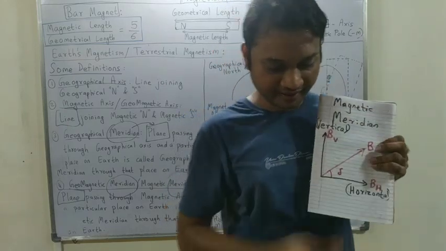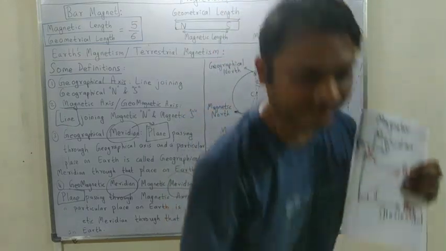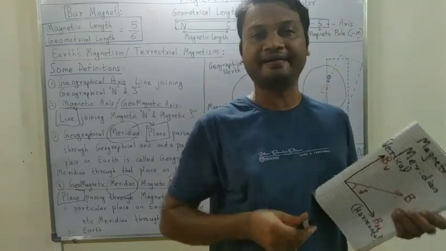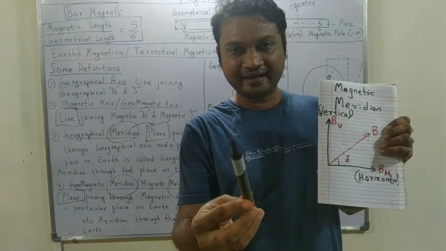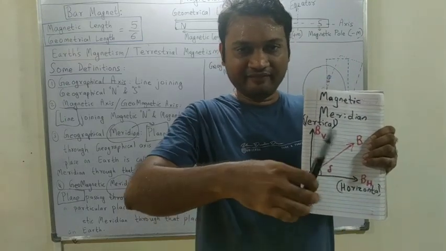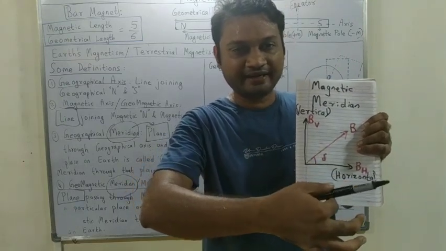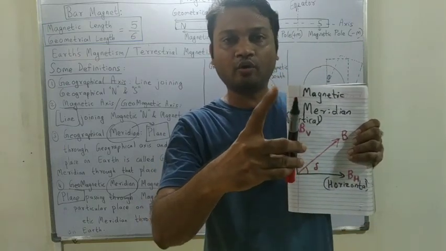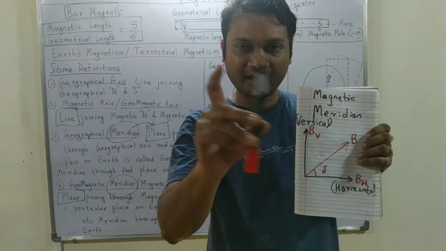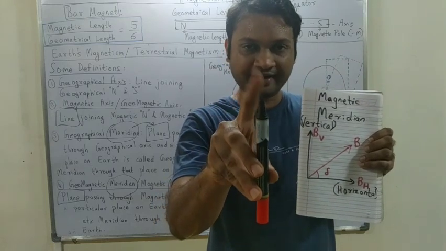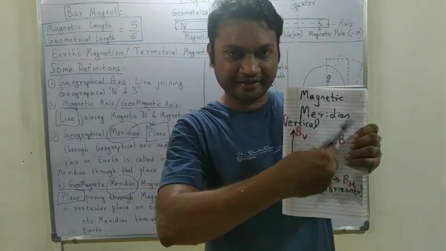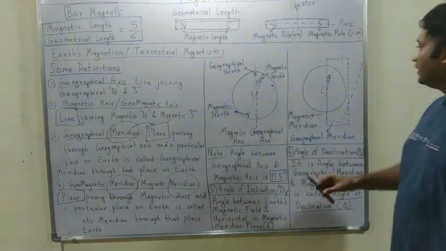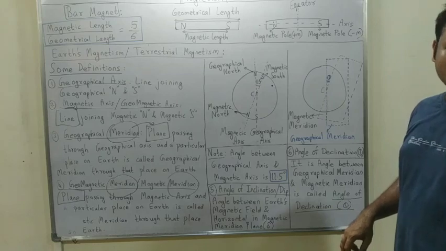Now suppose we consider a magnetic needle. If I leave this magnetic needle free, the north pole of the needle will be attracted towards the magnetic south. Let me show you, this is the magnetic south pole.